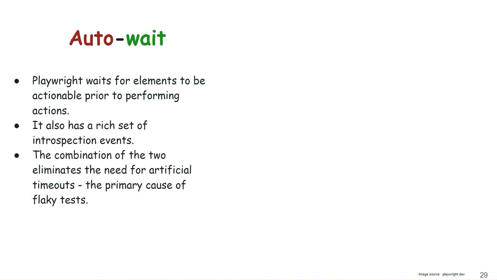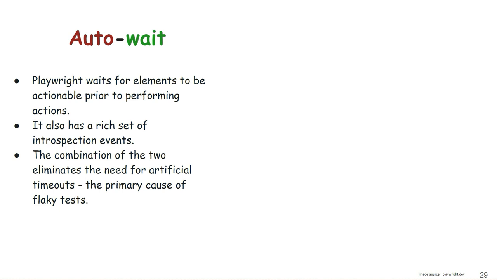So it has a rich set of introspection events, and the combination of the two eliminates the need for artificial timeouts. Basically, this sentence means that usually when you write Selenium scripts, you add Thread.sleep and timeouts, and it waits for those many seconds or minutes, whatever you added.